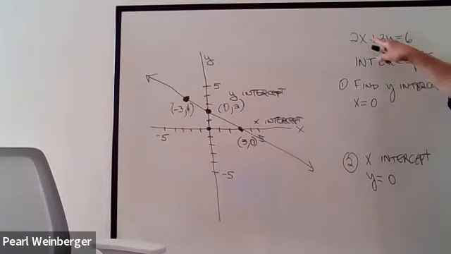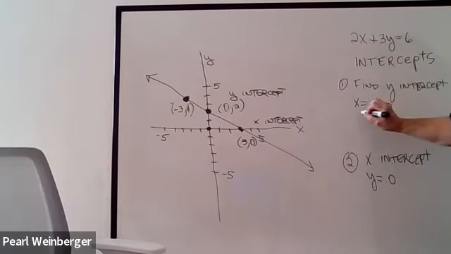So here, we take our original equation, and to find the y-intercept, we replace x with 0. That gives me 2 times 0 plus 3y equals 6. Well, 2 times 0 is 0, so this is just 0 plus 3y, which is 3y.